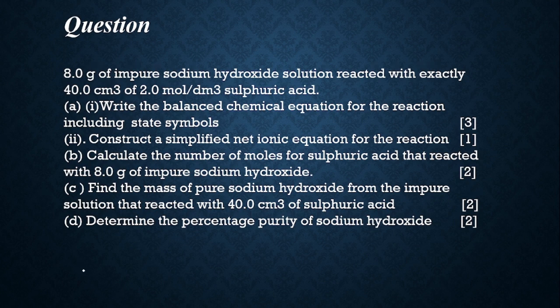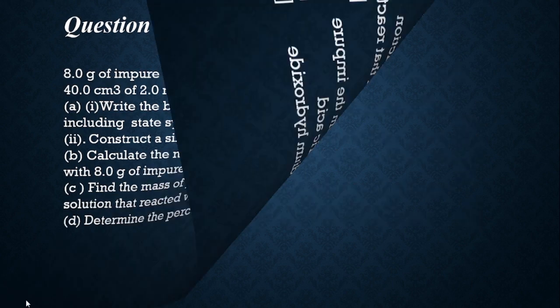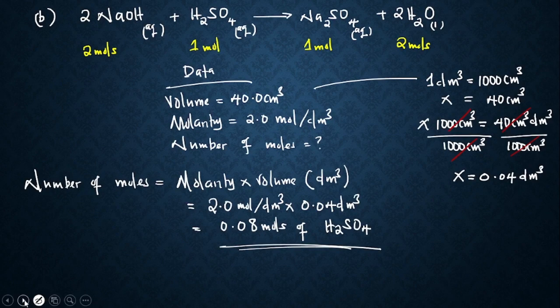Now, how do we go about that one? We use the mole ratio, because we now have the number of moles for sulfuric acid, which will be very easy there. As you can see, the mole ratio there is 2:1 between sodium hydroxide and sulfuric acid.